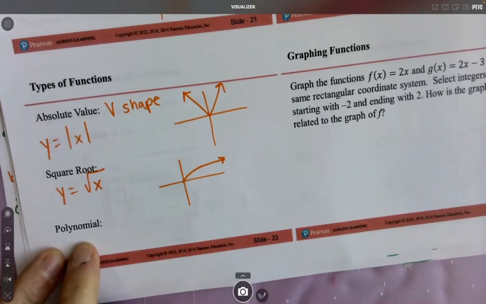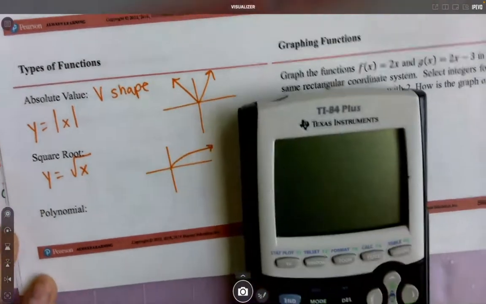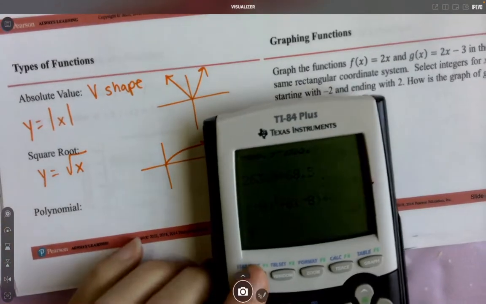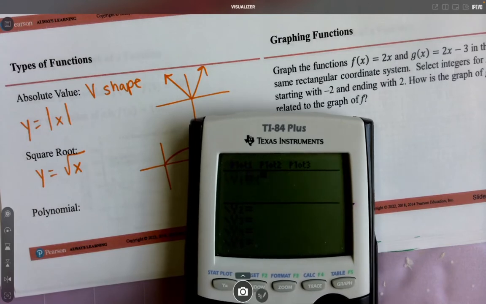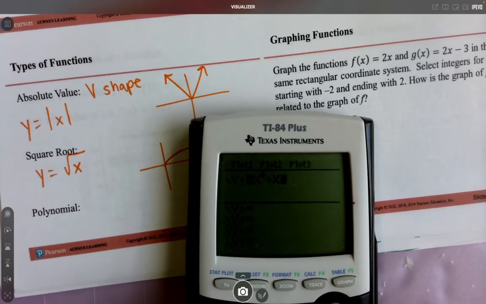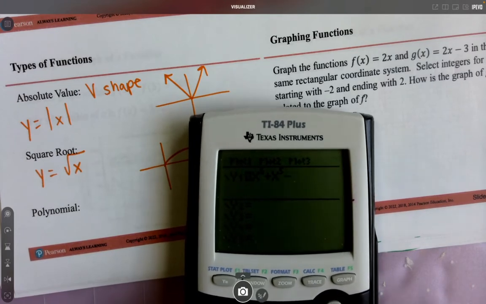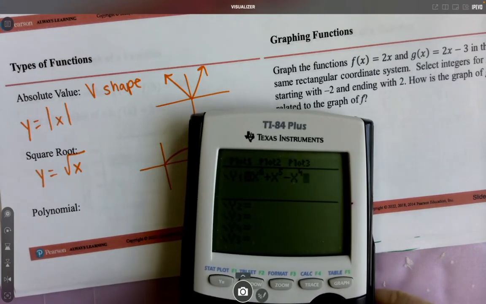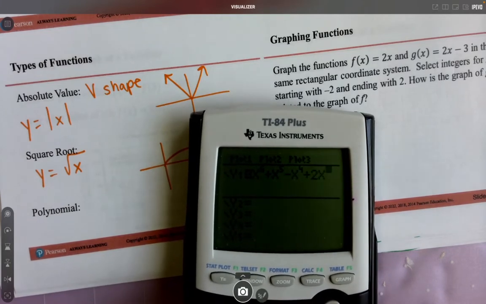And then a polynomial could have more than one term. So I'll give you an example. Let's say I have x to the 6th plus x to the 5th minus x to the 4th plus 2x to the 3rd.